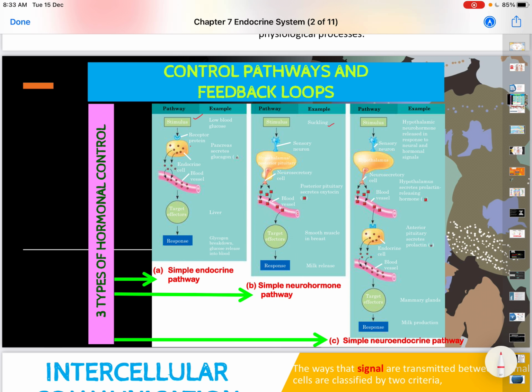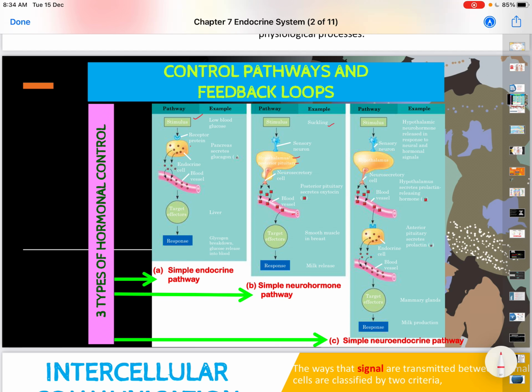That signal will go to the hypothalamus and posterior pituitary gland, and it causes the neurosecretory cell to produce hormone. The posterior pituitary gland will secrete the hormone oxytocin, and this hormone will be transferred into the bloodstream. What happened next?